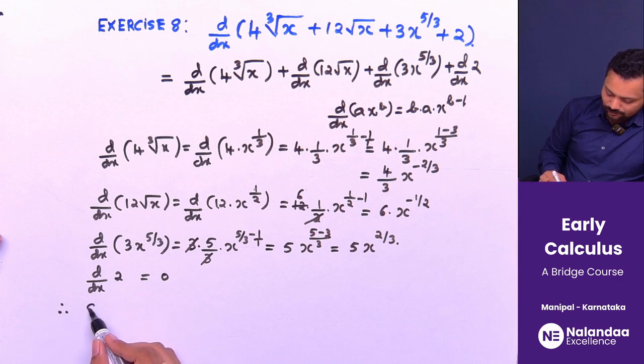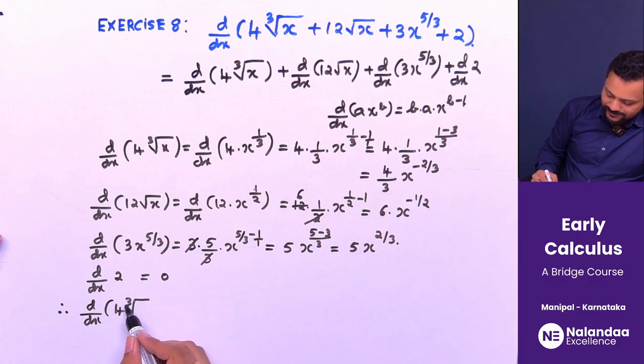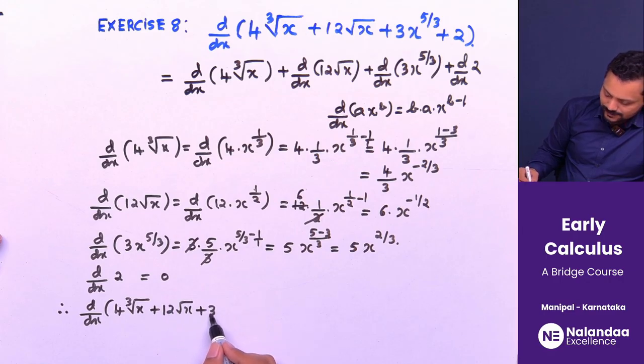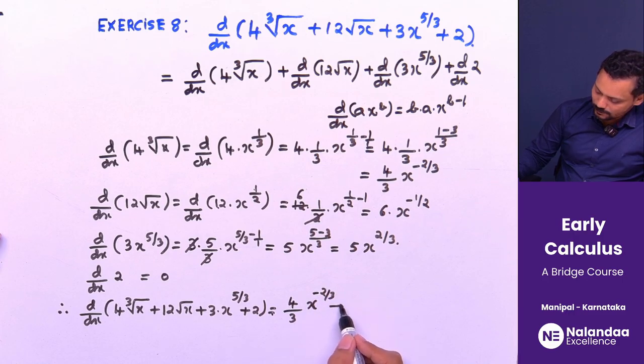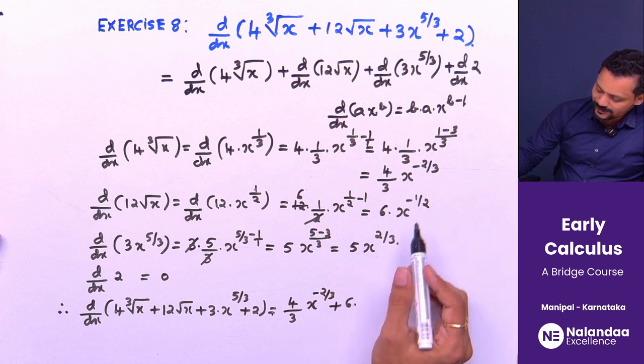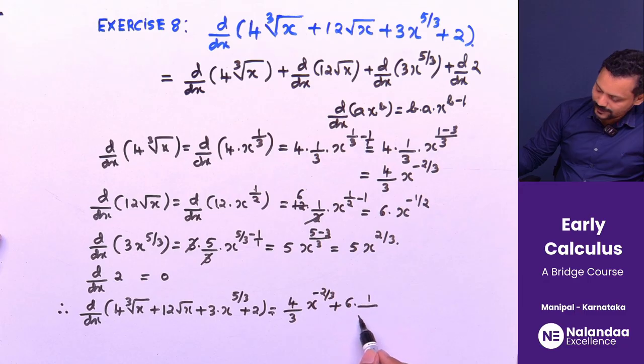So therefore now we can write the answer to this question. d by dx of 4 cube root of x plus 12 root x plus 3x power 5 by 3 plus 2 will be equal to 4 by 3 x power minus 2 by 3 plus 6 into x power minus half, which can also be written as 1 by x power half, that is 1 by root x, plus 5 into x power 2 by 3, and the last term is 0.